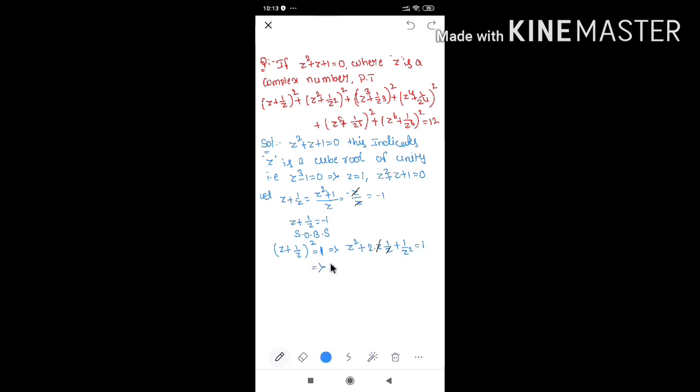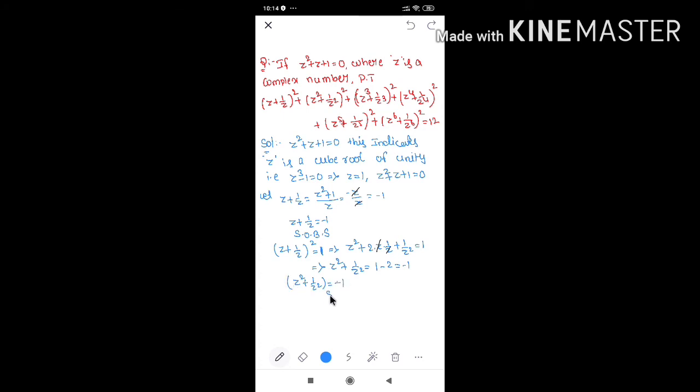So z square plus 1 by z square is equal to 1 minus 2, which gives minus 1.